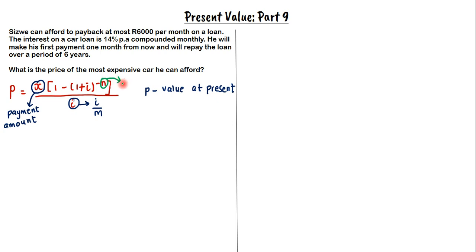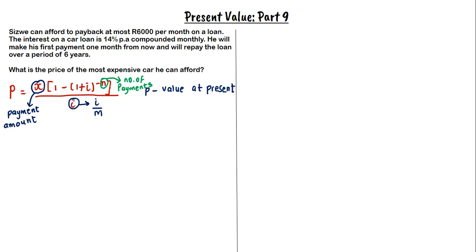Now here, n is going to tell you the number of payments that you will have to make. That is basically what's different between this formula and that formula.